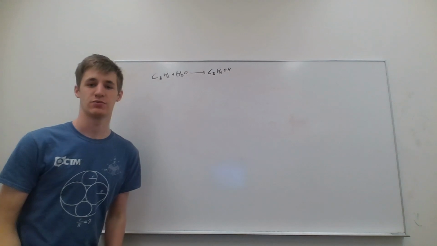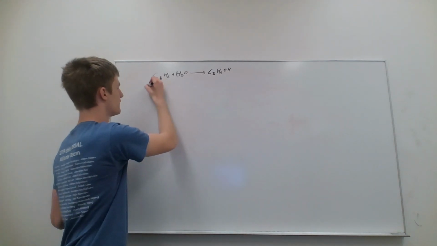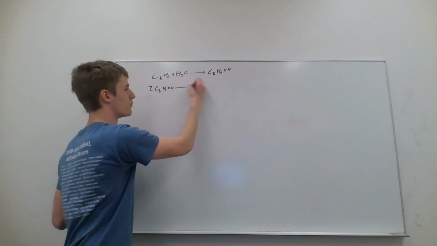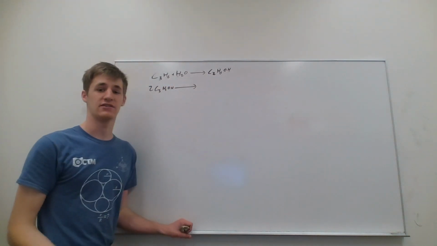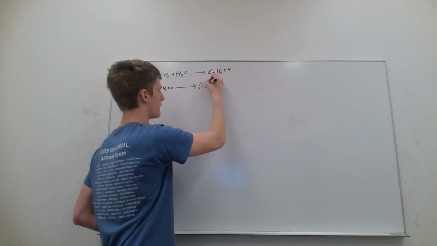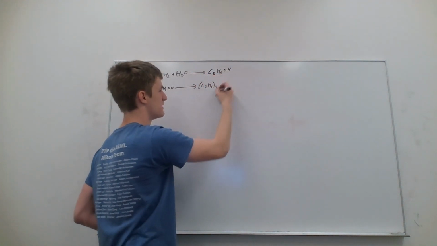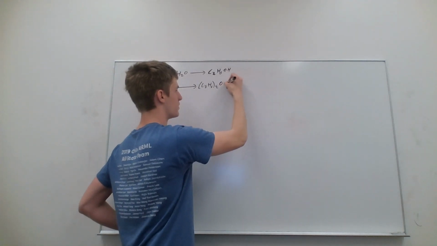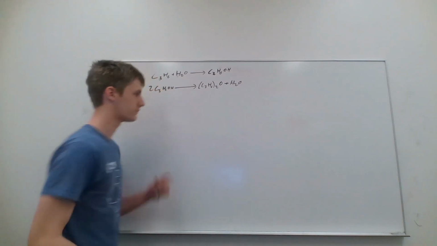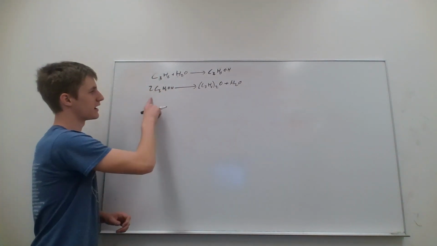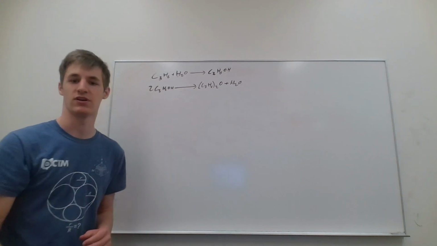And then this isopropanol can react with itself. So 2-isopropanol produce a diisopropyl ether. So 2C3H6O plus water. Okay. So these are our two reactions that will occur.